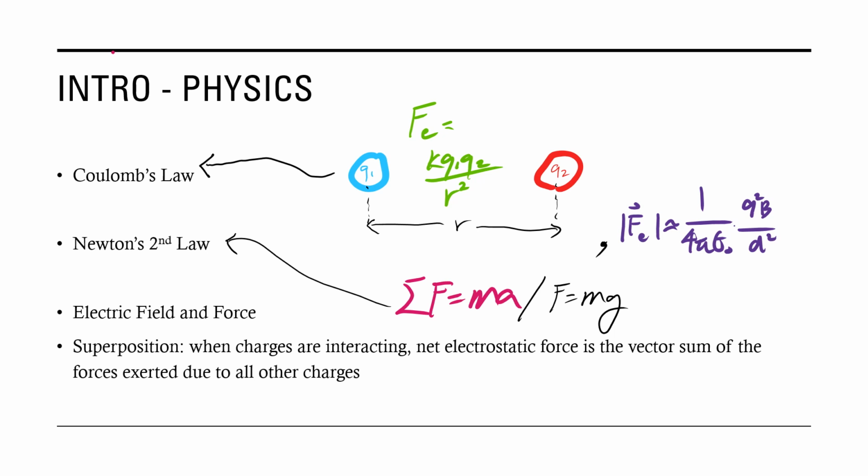However, there is another concept added, superposition, which states that when charges are interacting, the net electrostatic force is the vector sum of the forces exerted due to all other charges. This contributes to the calculation of this specific lab, since line charges are used instead of point charges.